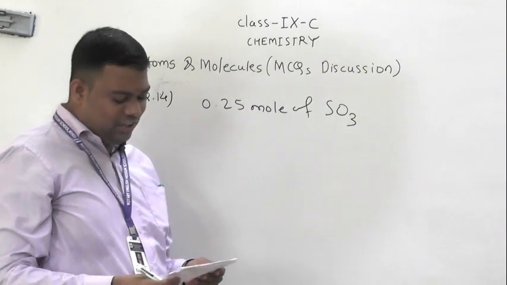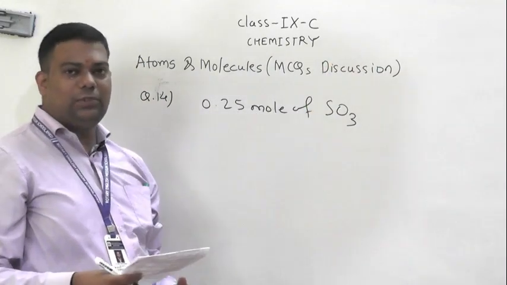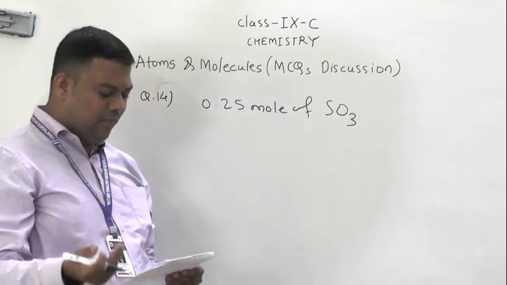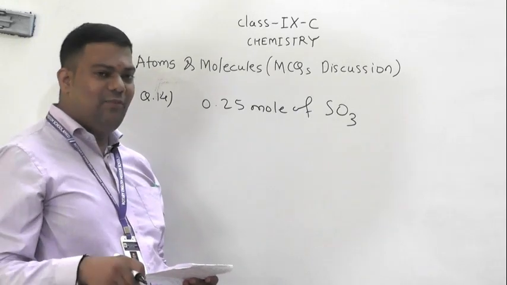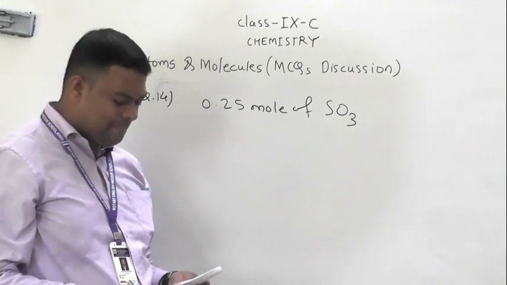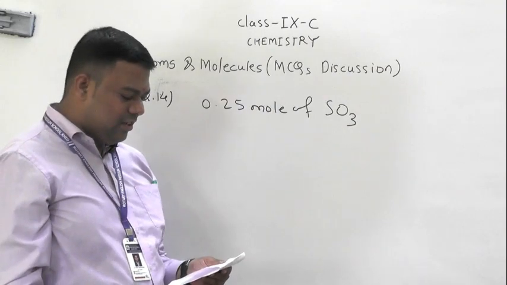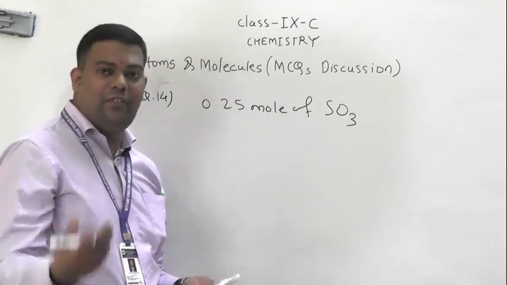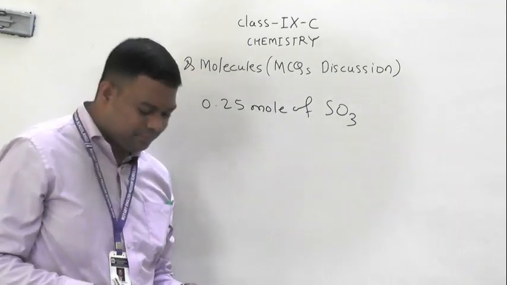So they give different options there: A, B, C, D. In option A, 1.505 into 10 to 23 atoms of sulfur and 4.515 into 10 to 23 atoms of oxygen. Small b, they give something 4.15. Small c, 2.5 something. Like that they give different options here.